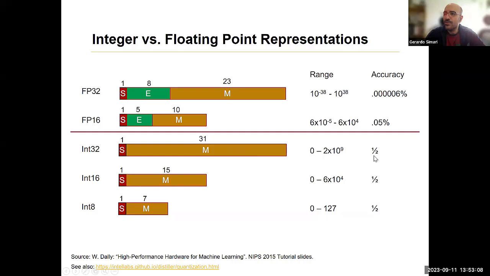And accuracy, of course, is 1/2, because since you can't represent non-integer numbers, if you have decimal numbers, then at most you'll be off by half, because you have to round it to the closest representable number.